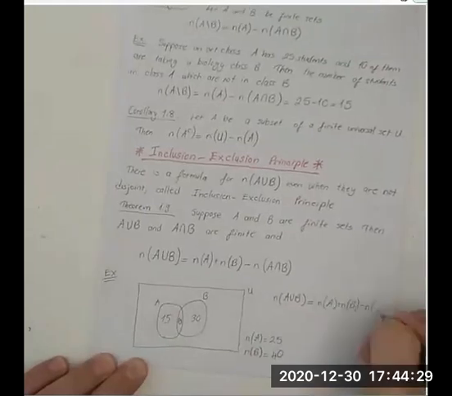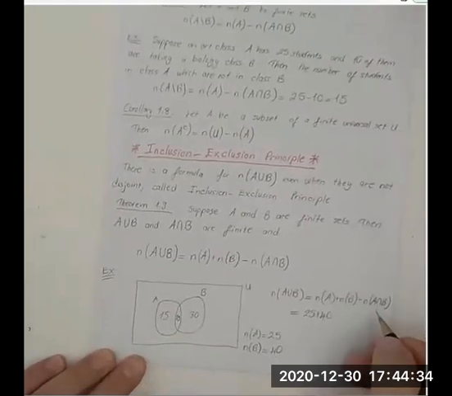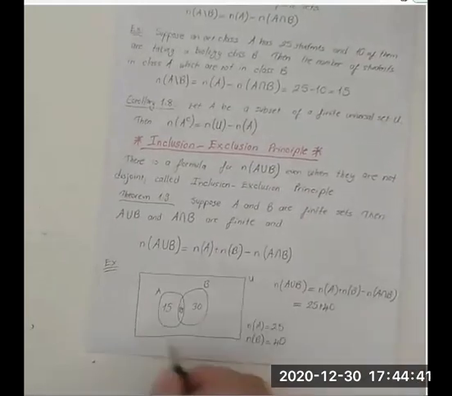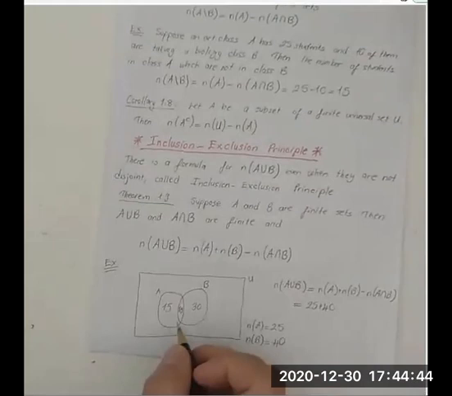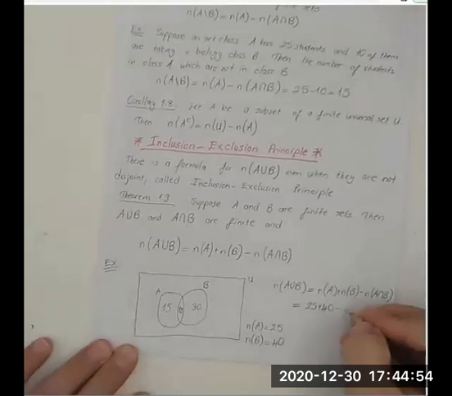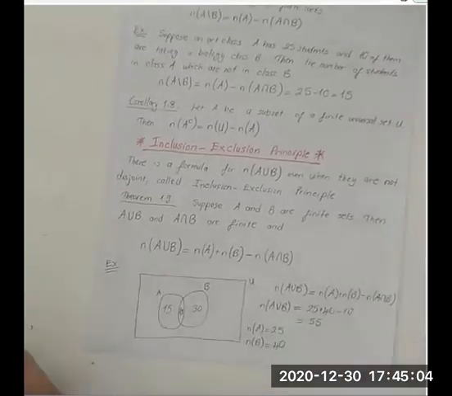If we don't subtract the intersection, 25 plus 40 gives 65 students, but there are not 65 students, because there are 55 students in total. I have to subtract the intersection, then I get the correct number of 55 students in that university.